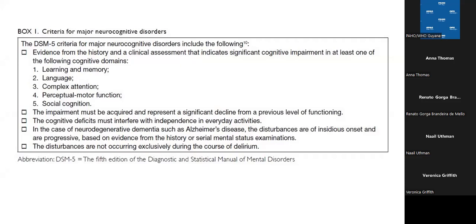The disturbances are not occurring exclusively during the course of delirium. Delirium means an acute cognitive impairment state, usually caused by a clinical condition or a medication.